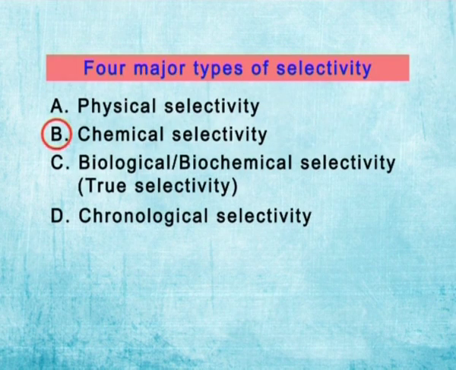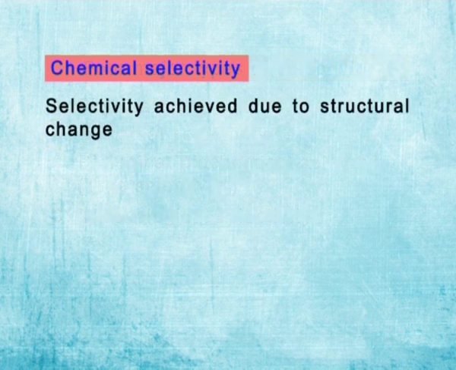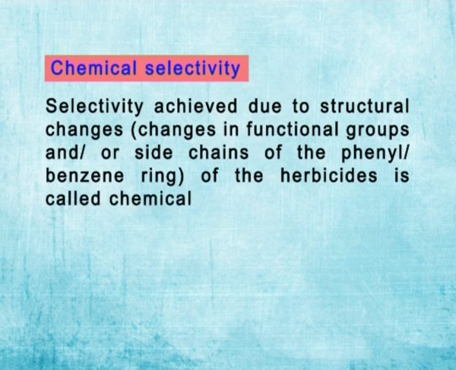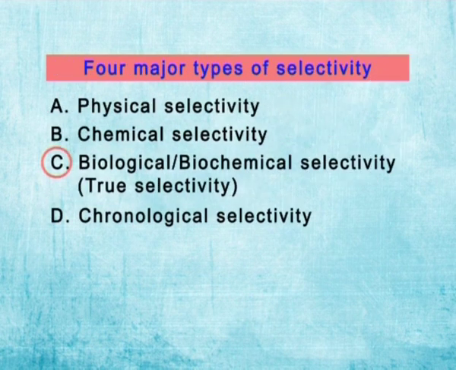Number B, chemical selectivity. Selectivity achieved due to structural changes, changes in functional groups and/or side chains of the phenyl or benzene ring of the herbicide is called chemical selectivity. Number C, biological or biochemical selectivity, also known as true selectivity.